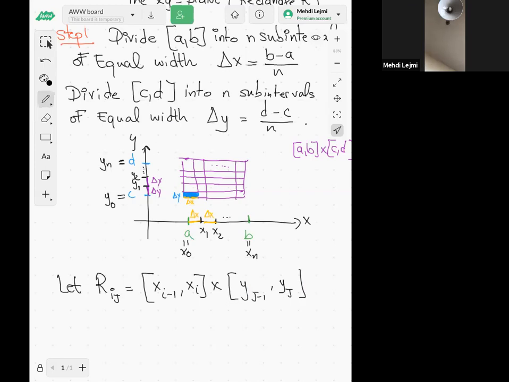So let R subscript ij be the ij rectangle.